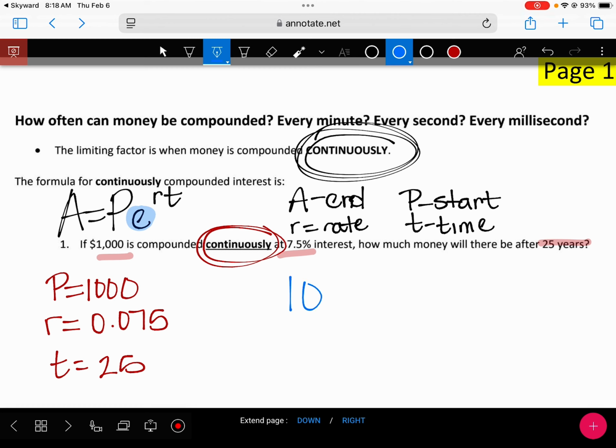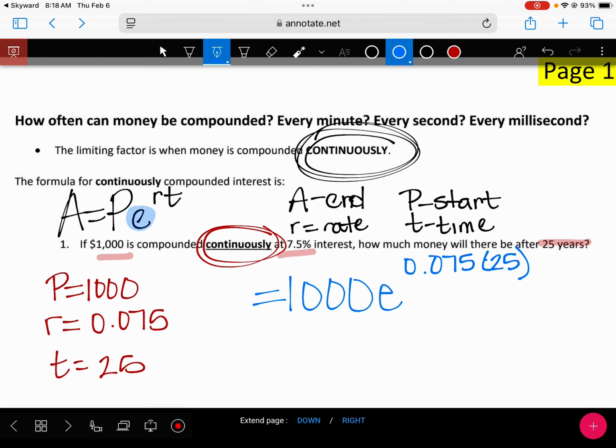So we're going to pick up our calculator. We're going to type in 1,000. Then we're going to get that E that we talked about yesterday. And then the exponent, we're going to type in 0.075 times 25. So pick up your calculator and type it in. I'm going to come around and see if we all have the right answer in our calculator. So everybody type it in.